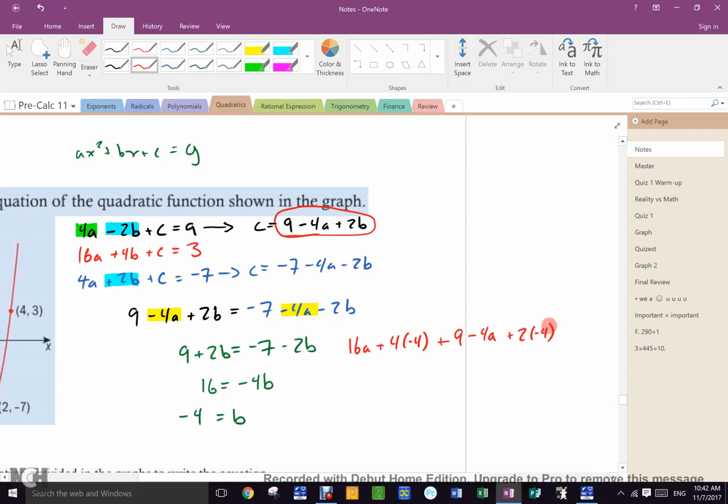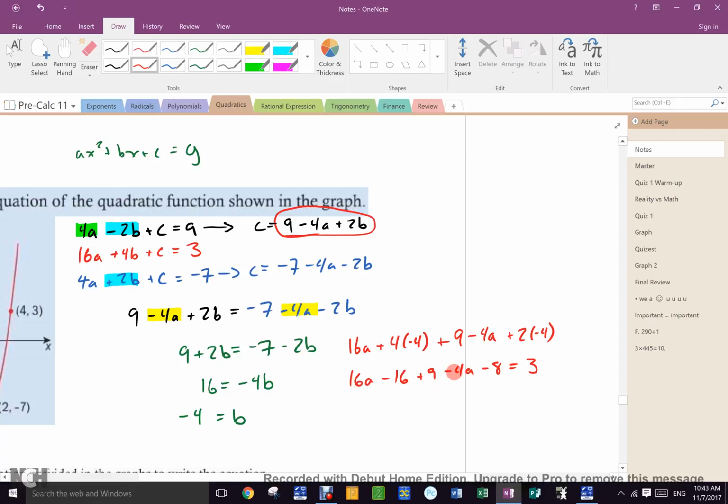Now, can I do that? 16a. What's that? Minus 16 plus 9 minus 4a minus 8 equals what? We're using the red equation. What does it all equal? 3.